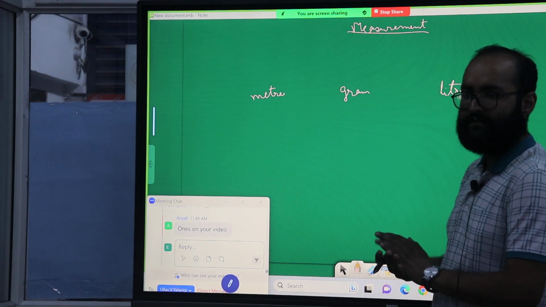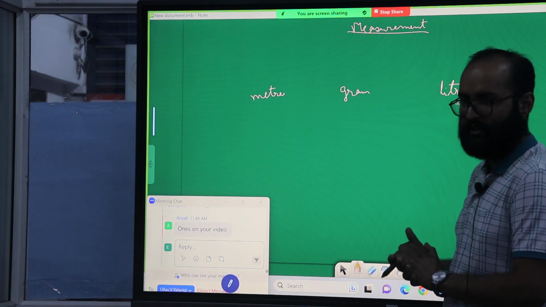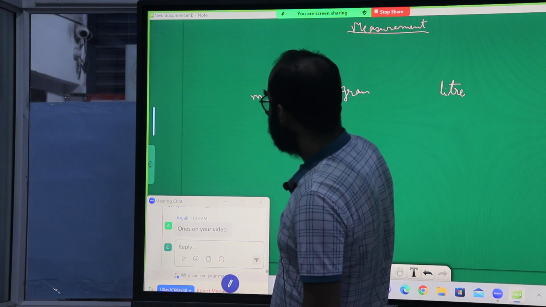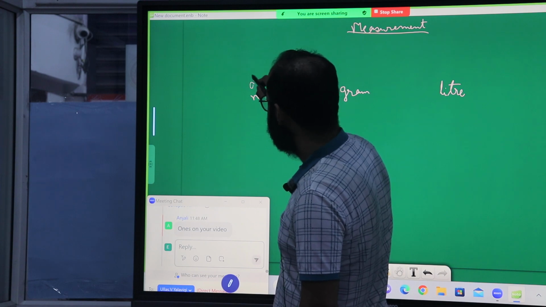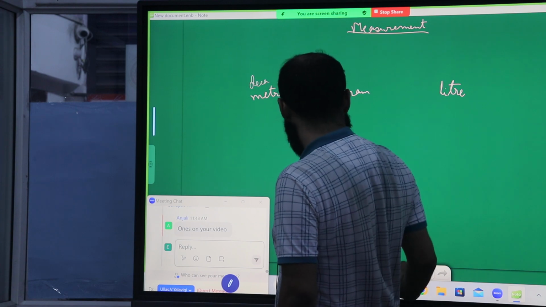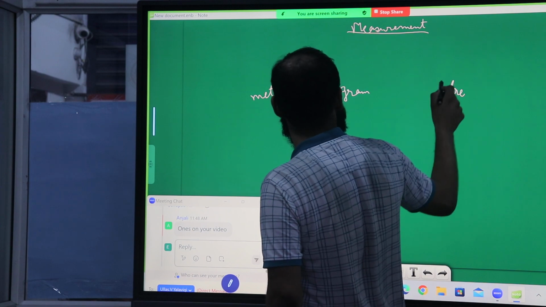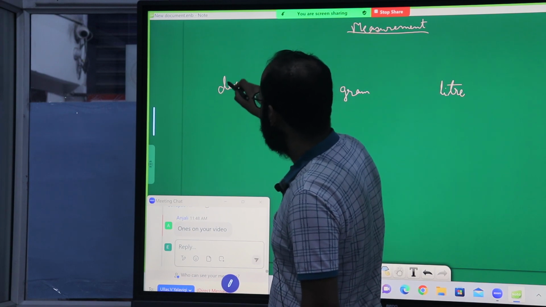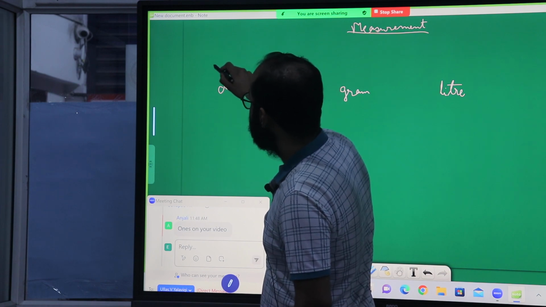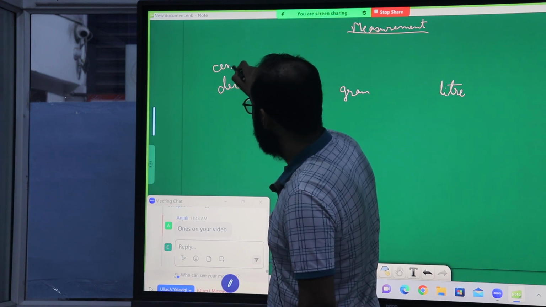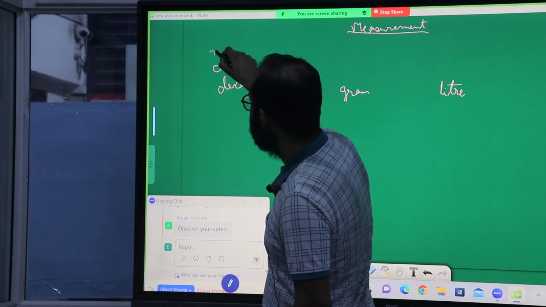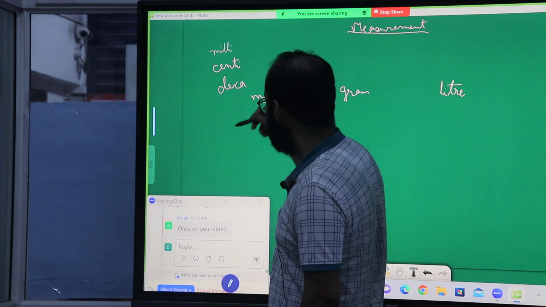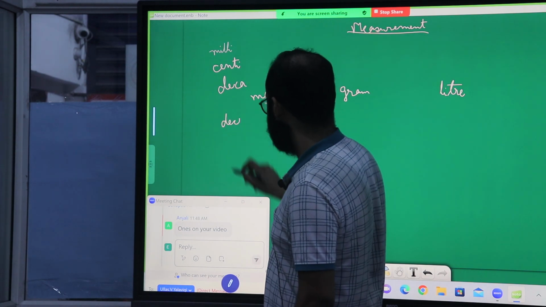But you also have some bigger units and smaller units compared to them. On the smaller side, just below meter you have deci, then centi, then milli.